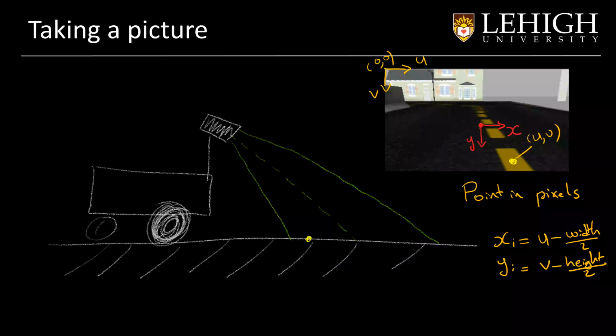In that case, we will center the coordinate frame to the center of the image. The only issue that we have here is that we don't have the z-axis, right? We don't know about the z-axis.